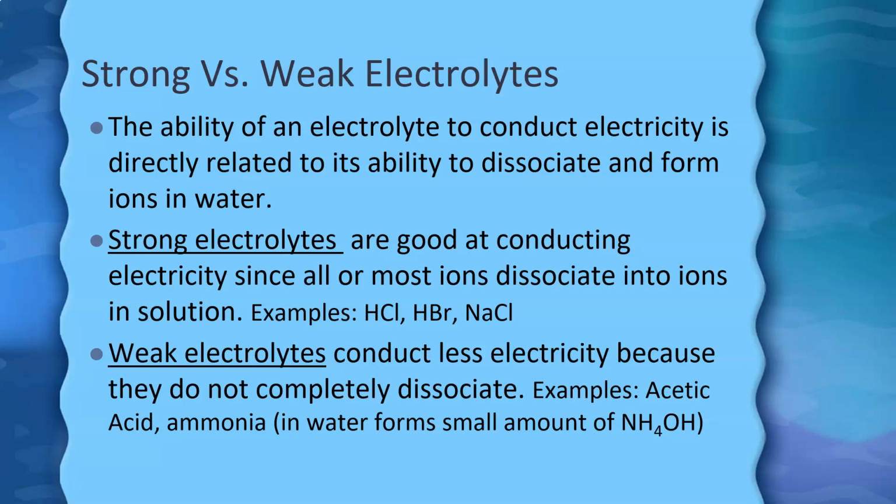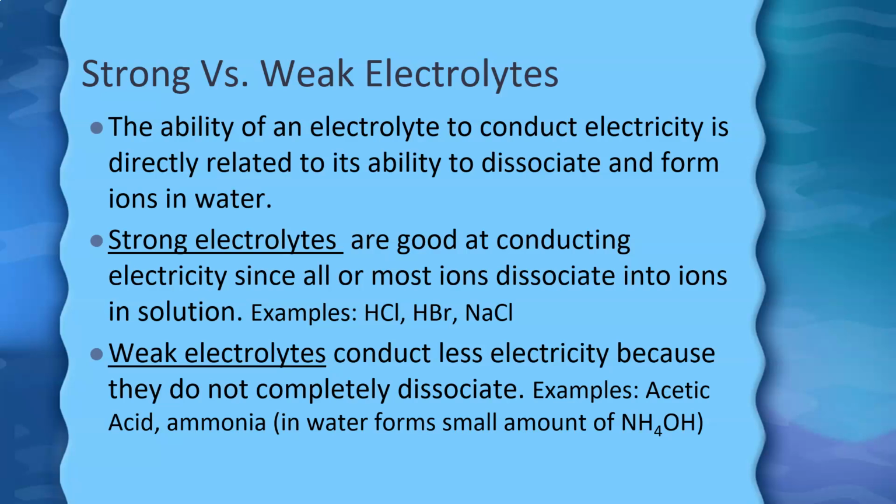Ammonia, NH3, well, you'd think, how would that form any charged particles at all? In fact, what it does is in water, it forms a very small amount of ammonium hydroxide. And so there are small amounts of ions in there, but not a very large amount at all compared to the overall amount of solute in the solution.